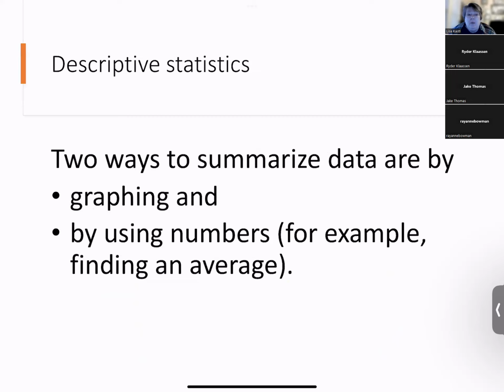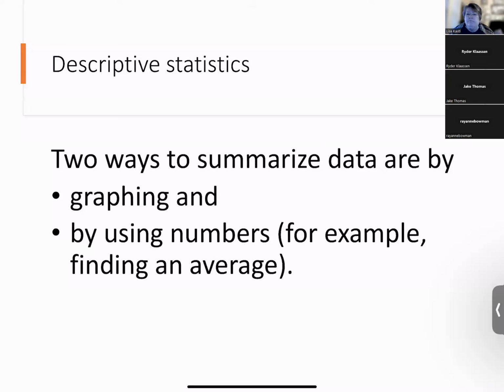Okay, so how can we summarize data when we're trying to describe a population? Certainly, graphs are a great way of doing it. That's the first slide there. They're typically the first way you describe your data, but you can also use numbers, and we will actually calculate these later. Some numbers that we can use, which we already did last Wednesday if you were in class, and we did the sleep dot plot.